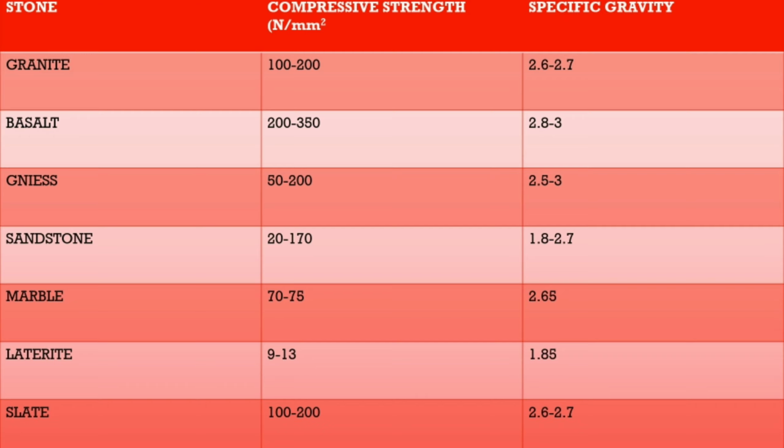Sandstone. It has compressive strength of 20 to 170 Newton per mm square and specific gravity is 1.8 to 2.7. Marble, 70 to 75, specific gravity 2.65. Laterite, compressive strength 9 to 13 and specific gravity 1.85. Slate, compressive strength 100 to 200 and specific gravity 2.6 to 2.7.